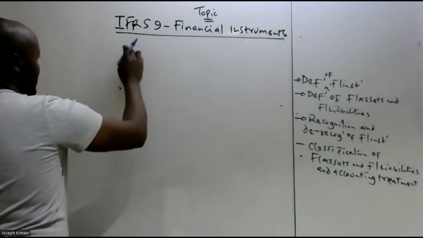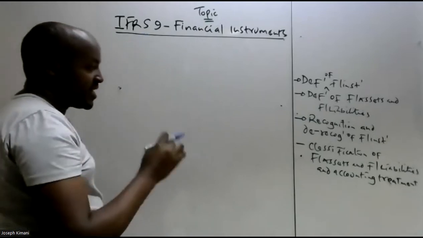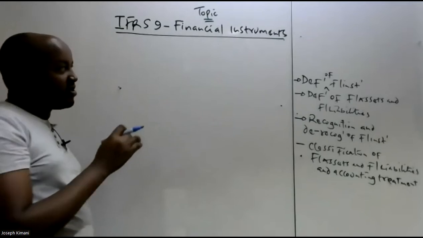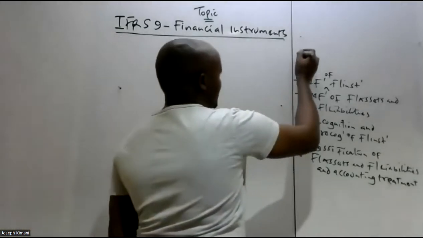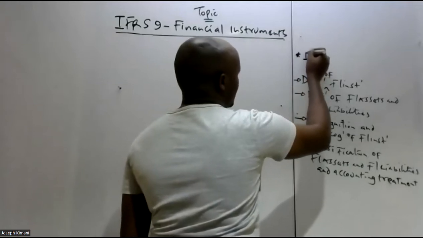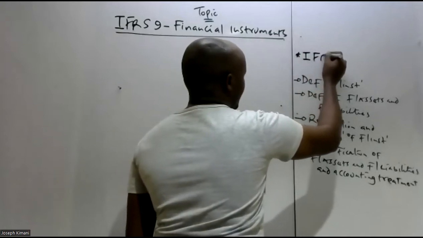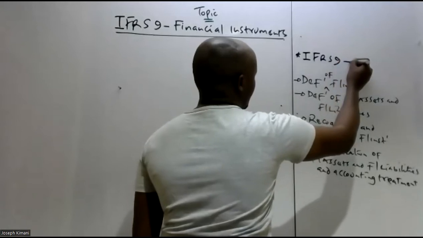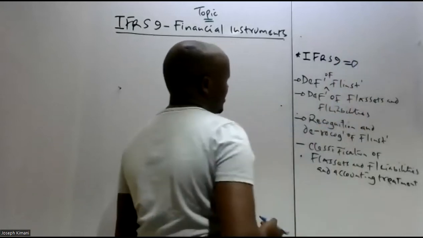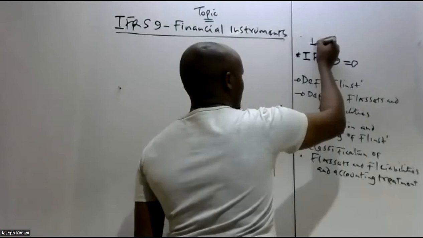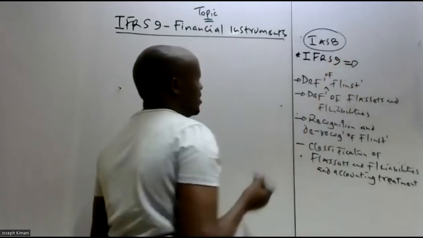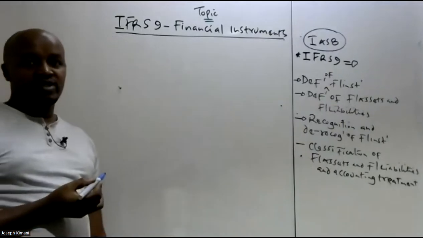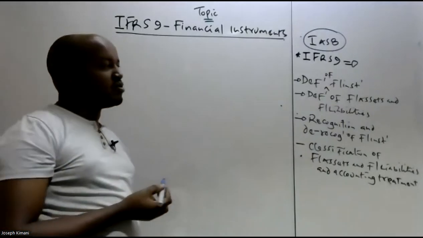A financial instrument, according to this standard, IFRS 9. Before we define this, the first important thing I can mention is that IFRS 9 is a new standard, issued by the body known as the International Accounting Standards Board.